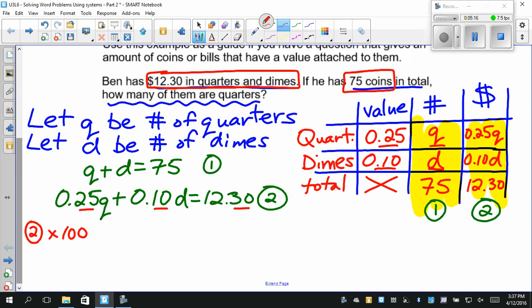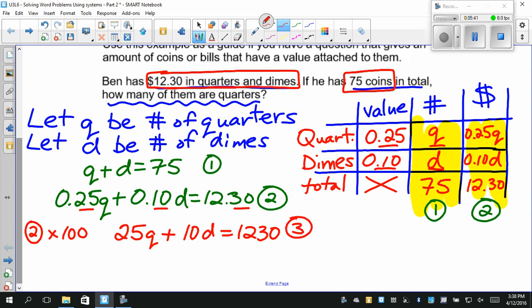When I multiply by 100, the decimals move 2 places to the right. So 0.25Q times 100 becomes 25Q. Then I'm going to get plus 10D. And on the other side of the equal sign, the decimal moves 2 places as well, and we get 1,230.